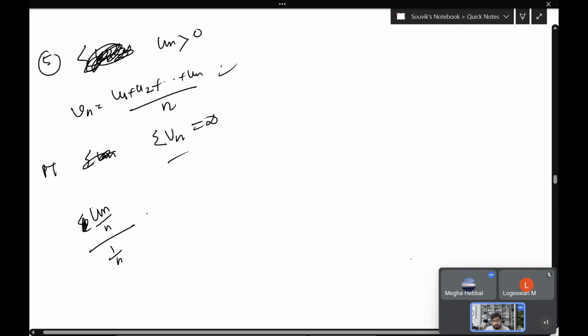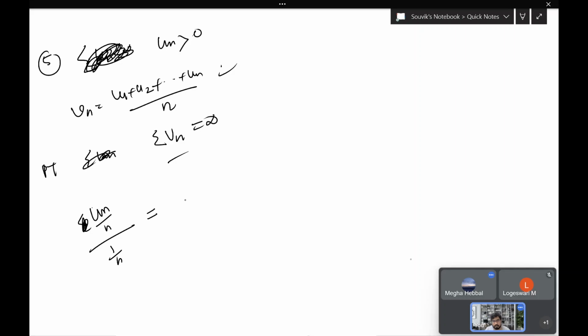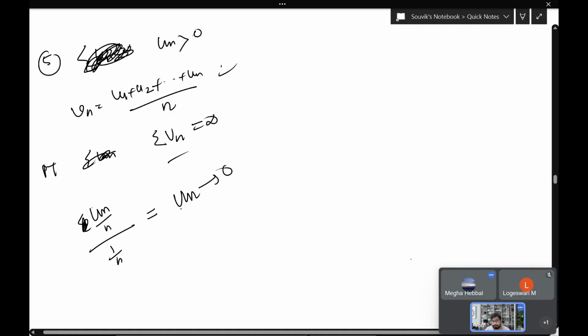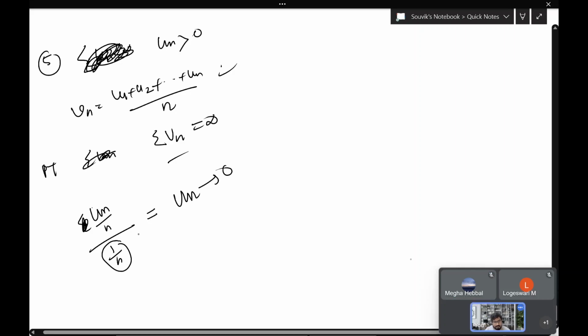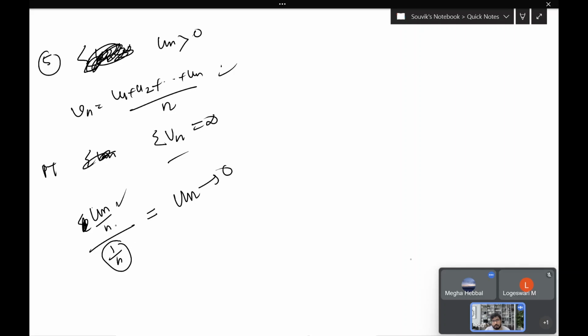So this is un, right? And this goes to 0. But the point is summation 1 by n is divergent. So directly it is not possible to say anything about un by n because this denominator is divergent, right?